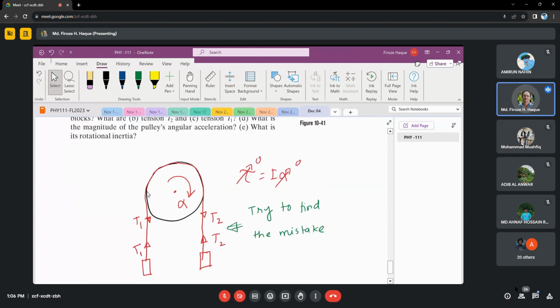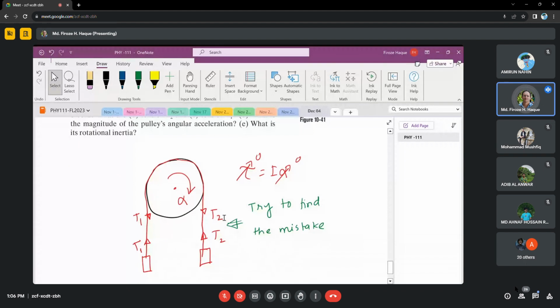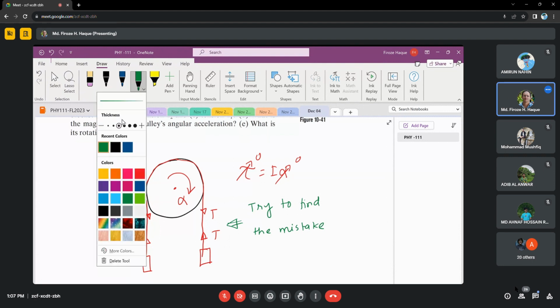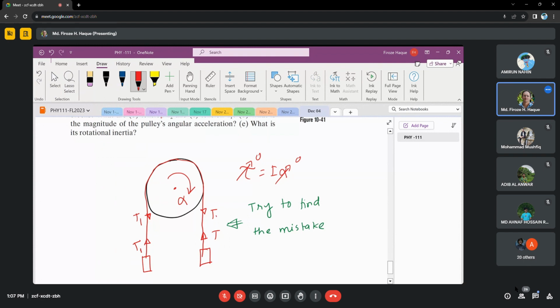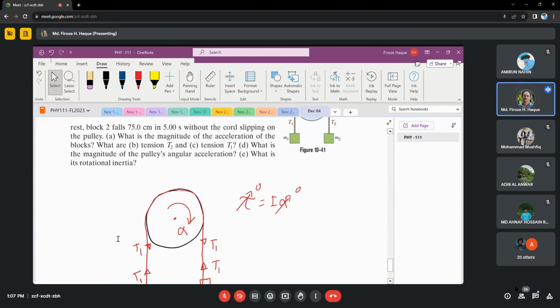So this is my diagram, and there is nothing wrong with this diagram. I didn't send it to you, otherwise you will keep on looking. Okay, so what I was talking about.